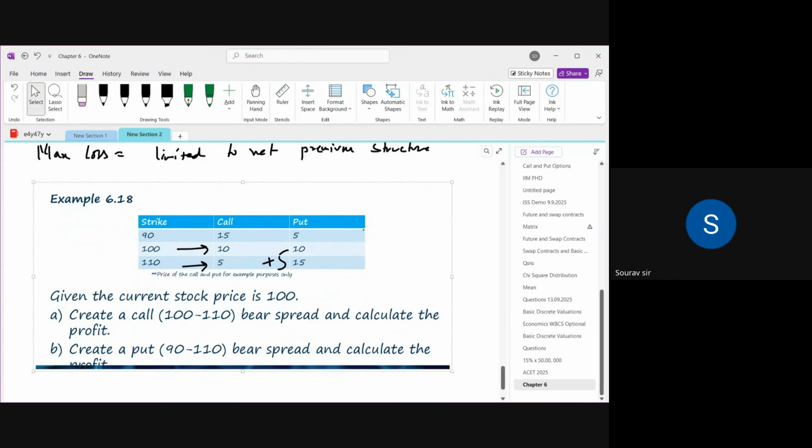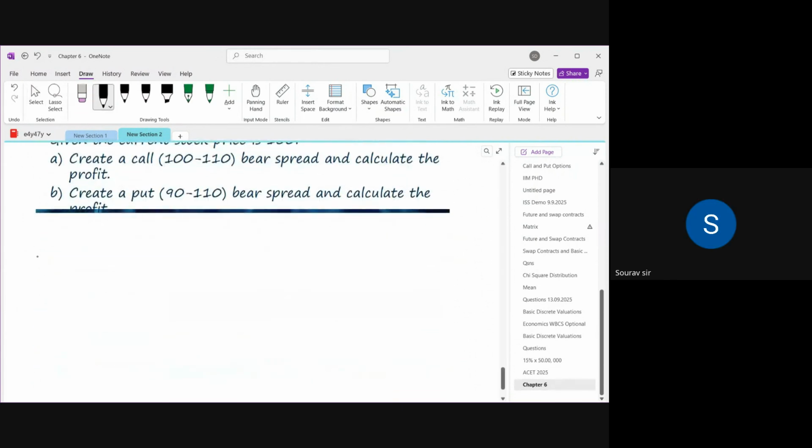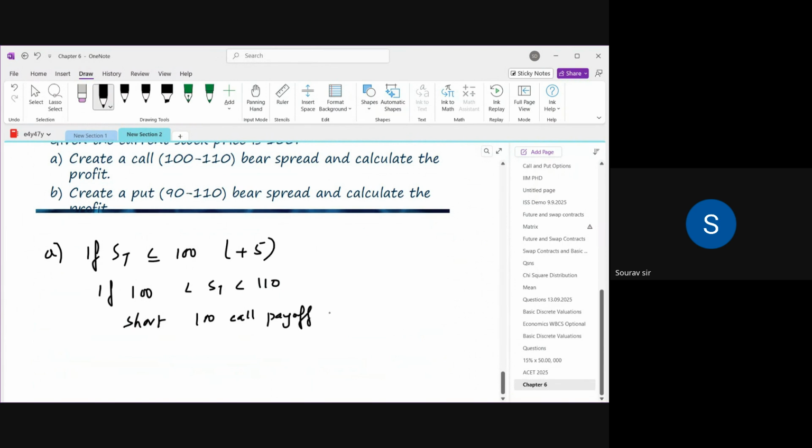Again, same for everything, you have to do a payoff. If ST is less than or equal to 100, then both calls expire worthless, and the profit is plus. If ST is between 100 and 110, what is the short 100 call payoff? Minus (ST minus 100). And what is the long 110 call payoff? 0.